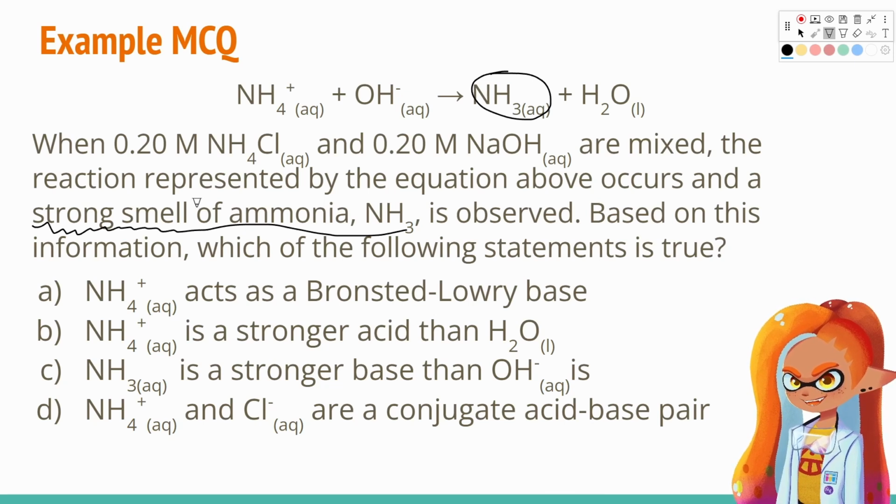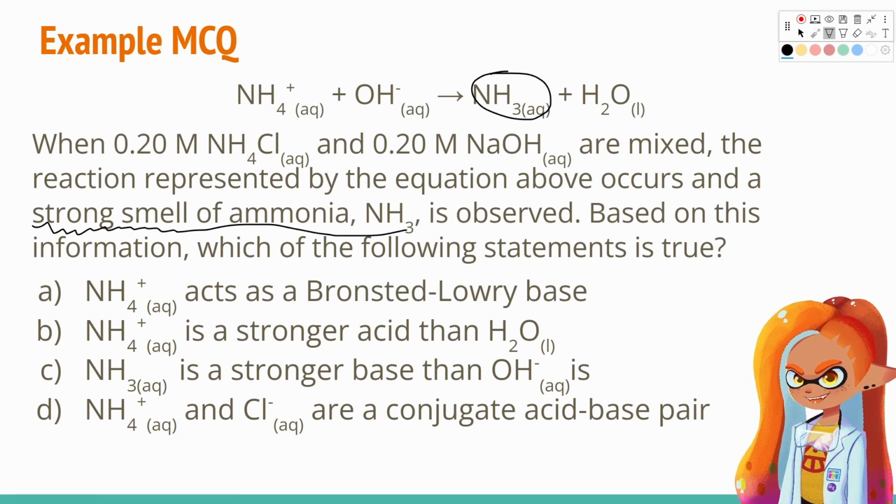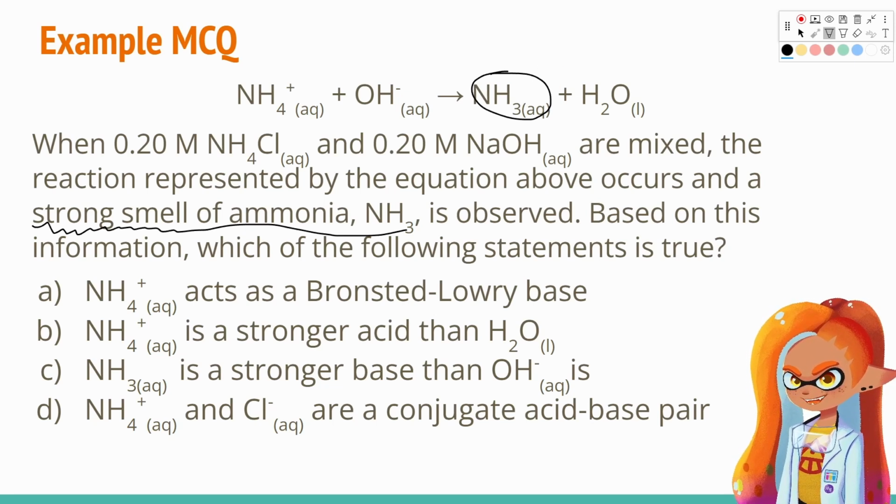So when you're looking at an MCQ and looking at the different choices, there are parts of the equation that could have something that you really, really need to know. So again, since we have so much of this because there was a smell to it, this has to exist a lot. And so it's not going to react to form the opposite reaction going from the right side to the left side.